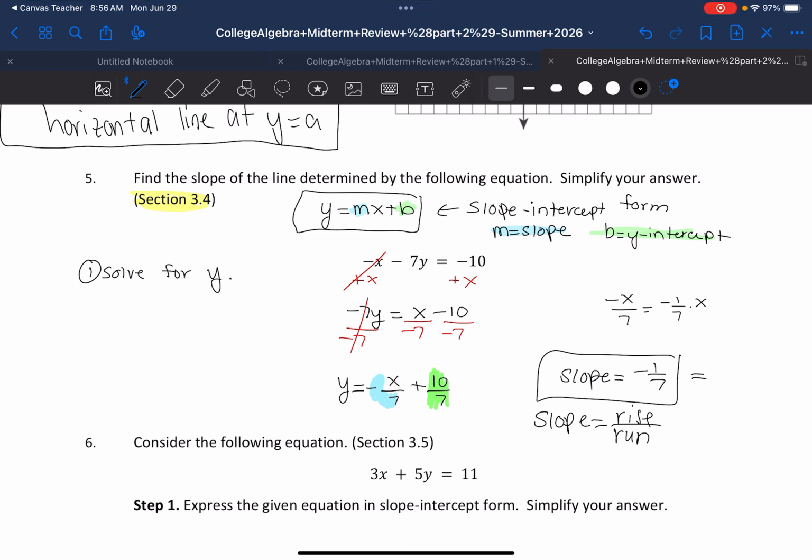This would tell me to go down 1. And then the 7 on the bottom is how much I go left or right, and because I'm going to consider that as positive, that tells me to go right 7. So that's how you interpret the slope to go from one point to the next on a line when you're graphing it.